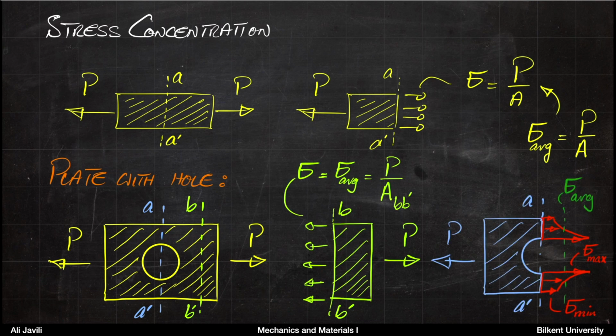So if you cut it at a cross section BB prime, and then again imagine that we already are sufficiently far from the point where you apply the force P, so we still follow the so-called Saint-Venant's principle. So if you cut it at a cross-sectional area BB prime, then you would see a stress distribution that is uniform, and the value of that is the normal force divided by the cross-sectional area ABB prime.